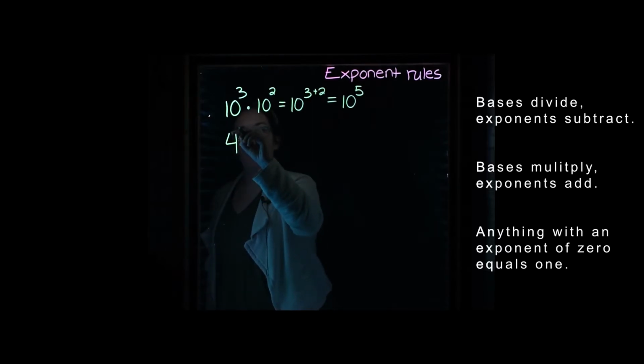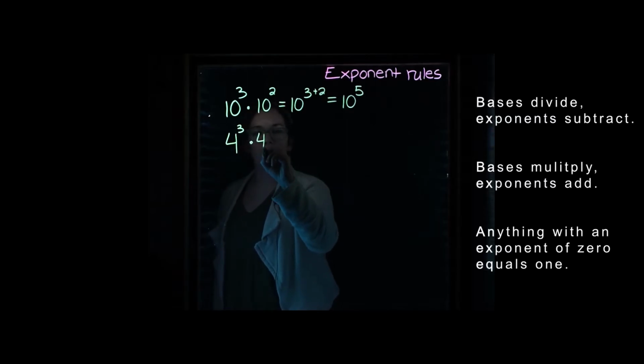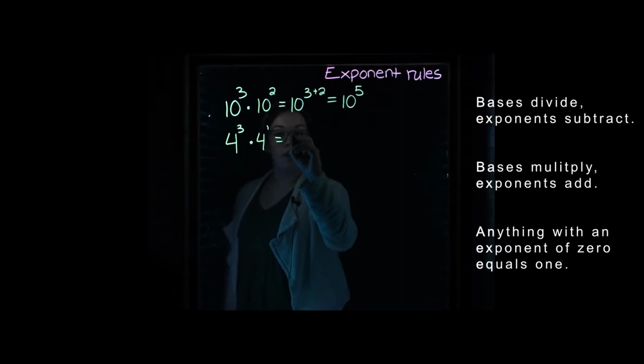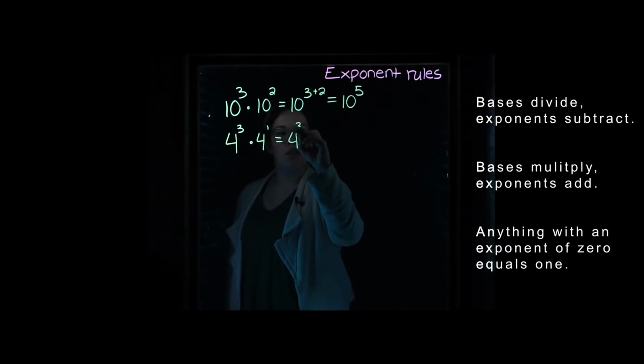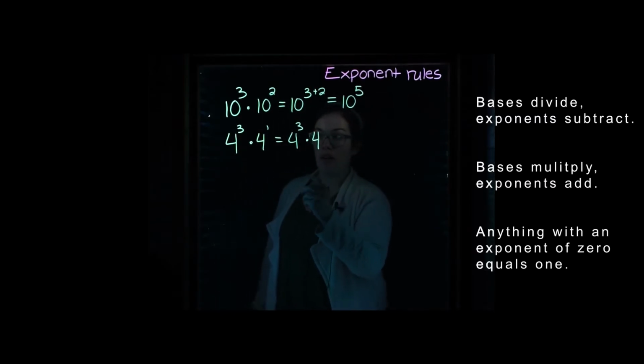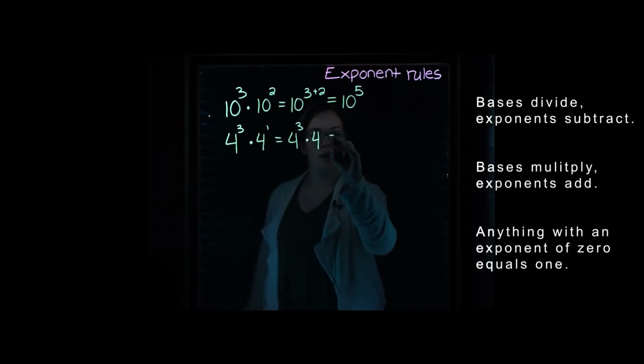Let's look with a different base. Say I have 4 to the 3rd power times 4 to the 1st power. And that can also be written like this: 4 to the 3rd power times 4, because this is one 4. And a 1 exponent tells me I have one 4, so I can write it either way.